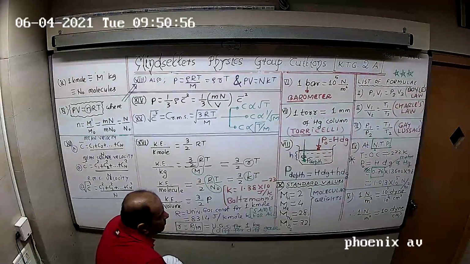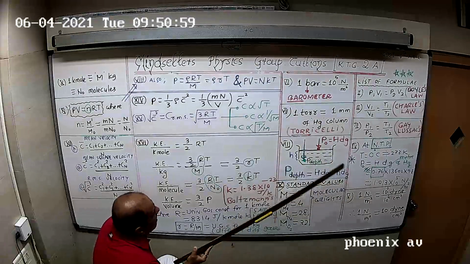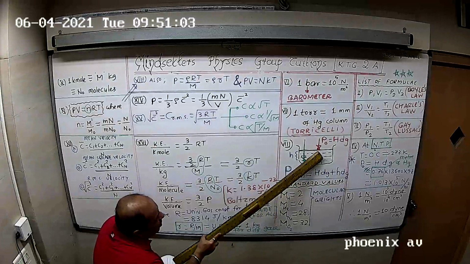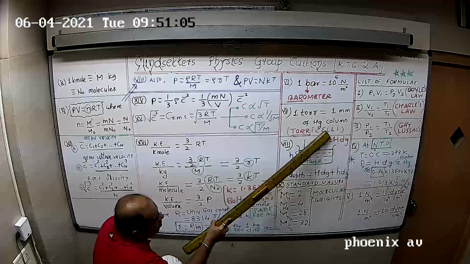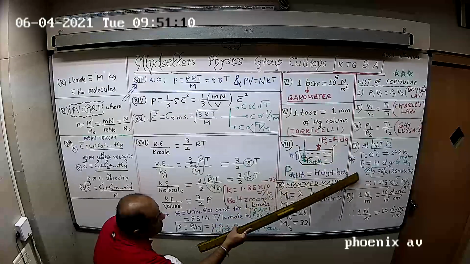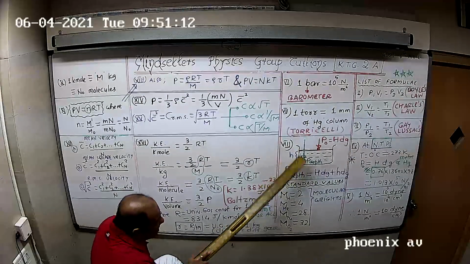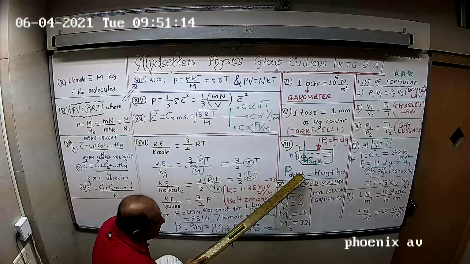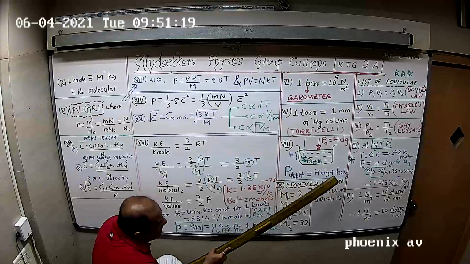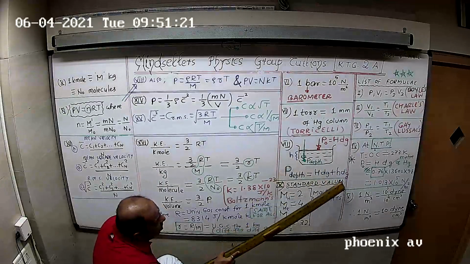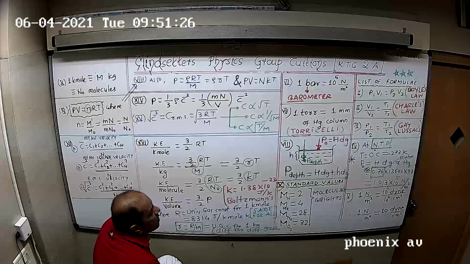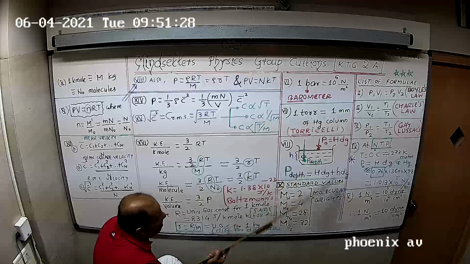Next, if I am taking a vessel, or maybe I am talking about a river, or maybe a lake, if I select a point on the surface of the lake, I should count pressure at this point as normal atmospheric pressure. But if I select a point somewhere inside the liquid, then I should count its depth also, and the additional pressure will be hdg, where h is the depth and d is the density of the liquid inside the lake.